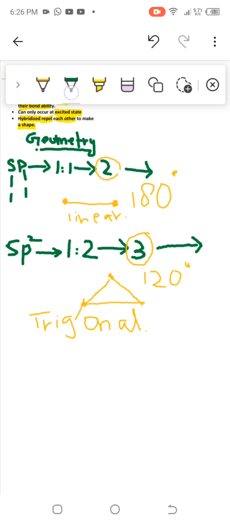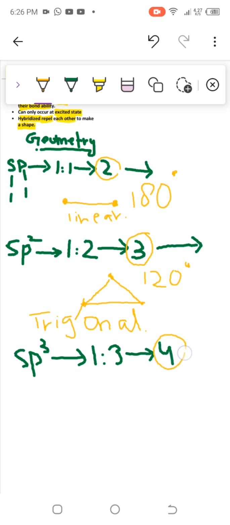Now here we have the third orbit, that is sp3, and here the s ratio is 1 and the p ratio is 3. When they combine they will form 4, and here 4 is the hybridization. After that, suppose we have 4 dots, 1, 2, 3, 4, and when they combine like that they form the tetrahedral structure.